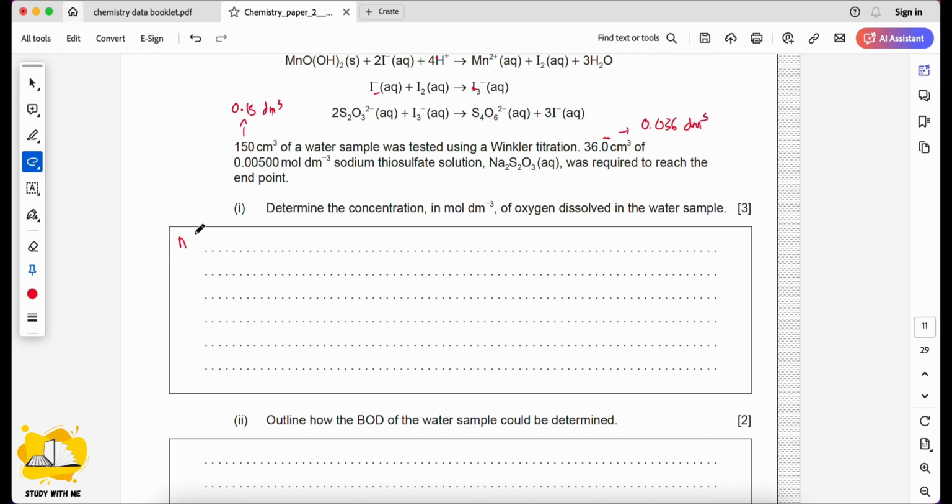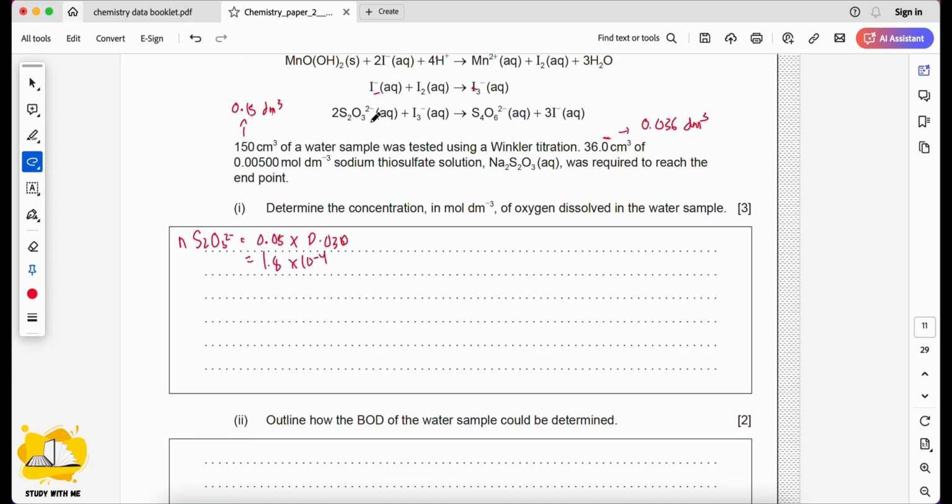So the first one, what do we do? It's to calculate the mole of thiosulfate ion. To calculate mole, it is volume times concentration, which is 0.05 times 0.03, you will get 1.8 times 10^-4 mole.